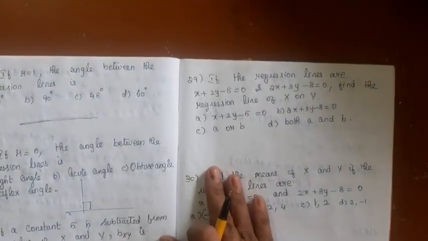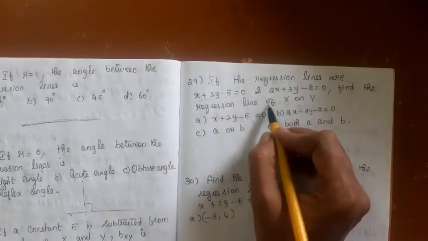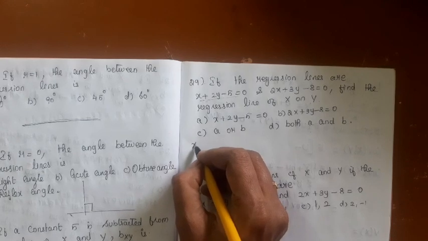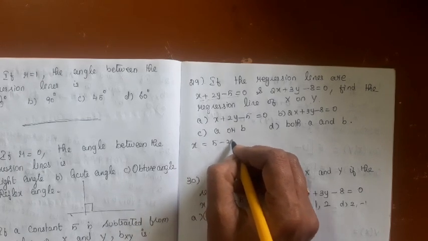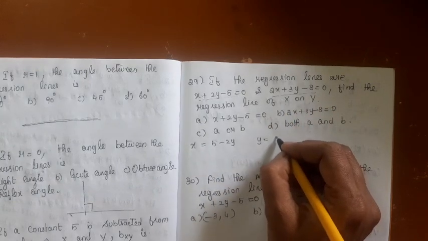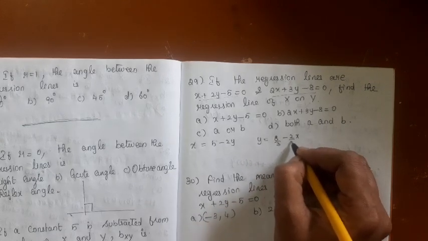If the regression lines are these, which is the regression line of x on y? Let me take this as the regression line of x on y: x is equal to 5 minus 2y. And this is the regression equation of y on x: y is equal to 8 minus 2x by 3.